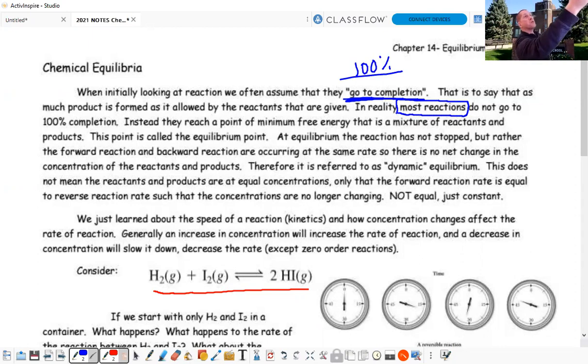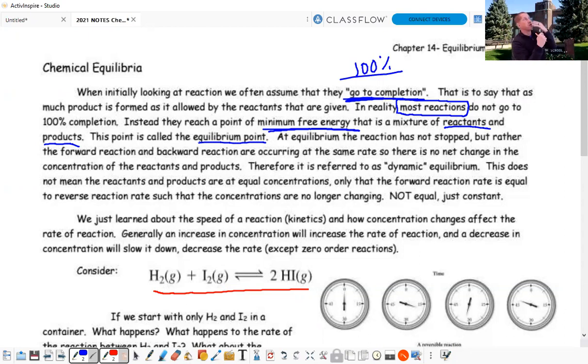All right, so in reality, most reactions do not go to completion. Instead, they reach a point of minimum free energy that is a mixture of reactants and products. It's called the equilibrium point. So you're going to get to this point where the reaction looks like it's no longer proceeding. In other words, the products concentration are no longer changing, the reactants are no longer changing, but the reaction is still occurring.